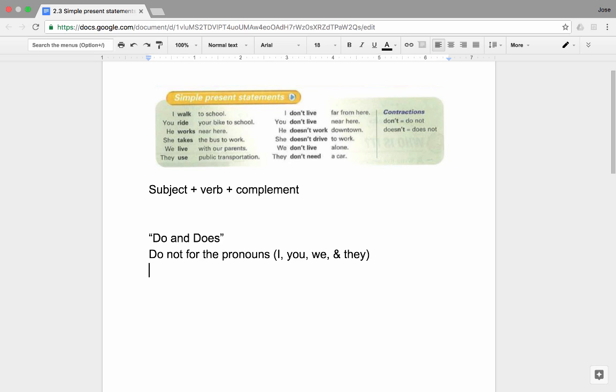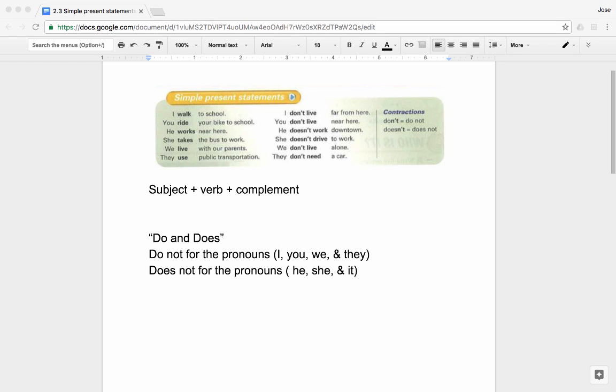We're going to use does not for the pronouns he, she, and it. And the contractions for those pronouns are don't and doesn't.